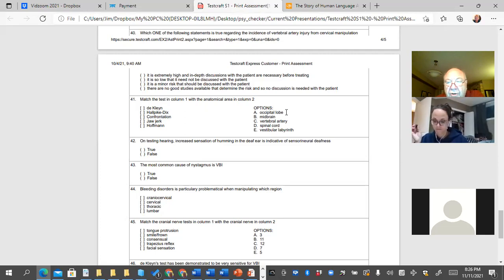It's a visual test, so it's going to be the occipital lobe. Hallpike-Dix: vestibular labyrinth. Decline: vertebral artery. Jaw jerk: midbrain? Yes, it's the trigeminal, the muscles of mastication, the trigeminal nerve. So midbrain, and then Hoffman, the spinal cord.